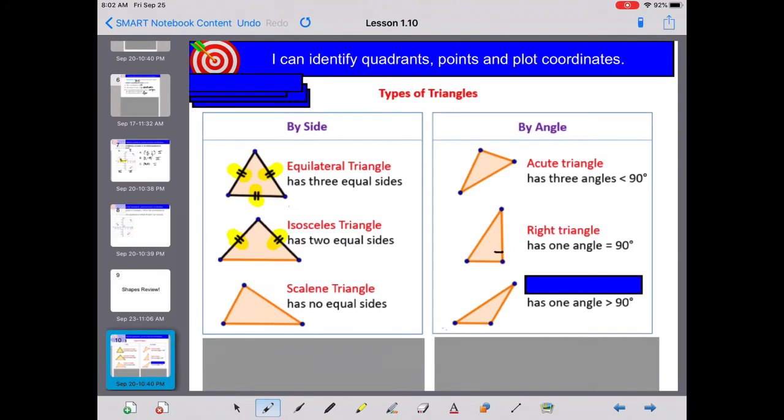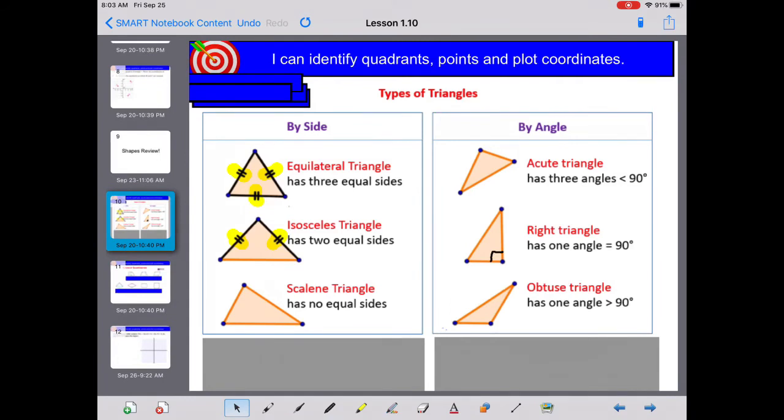And oftentimes you will see the corner having a little square in it. That square identifies that angle as being a 90-degree or right angle. All right, next. An obtuse triangle has one angle that is greater than 90 degrees. So 2 of them are acute, but as long as one is obtuse, then that entire triangle is called an obtuse triangle. Okay, so that's all for triangles.